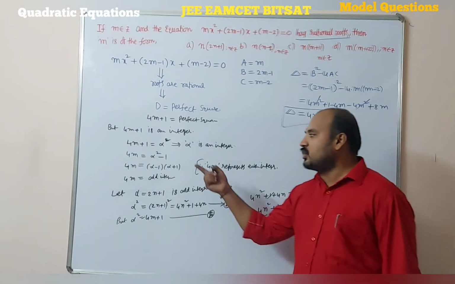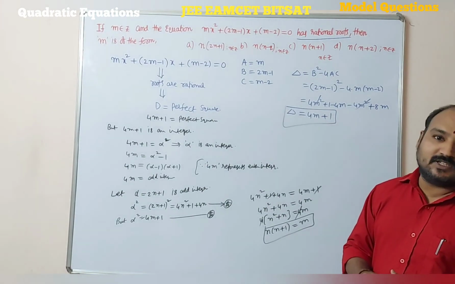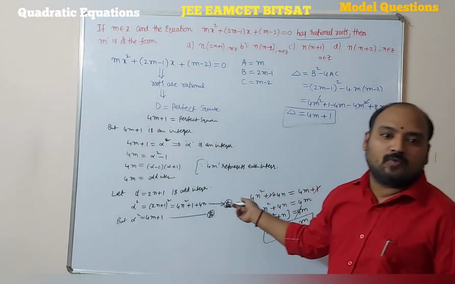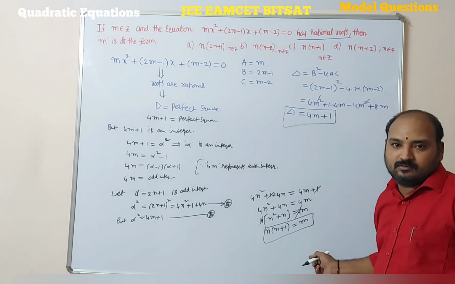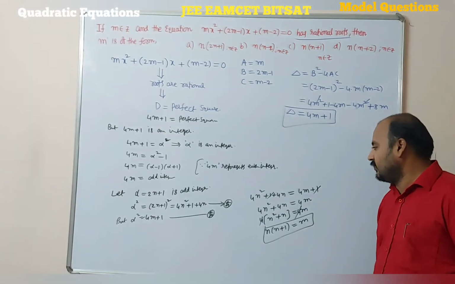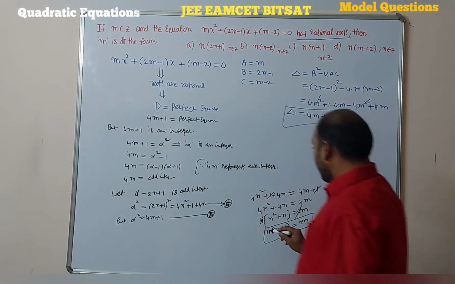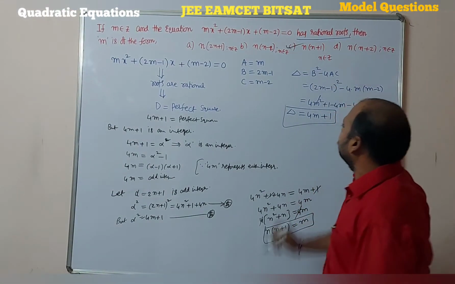So m is equal to n into n plus 1. Okay, so m is of the form n into n plus 1. N into n plus 1 is there in the third option.